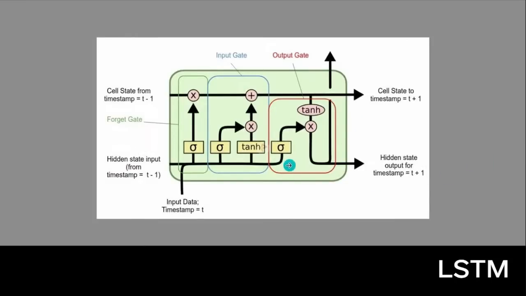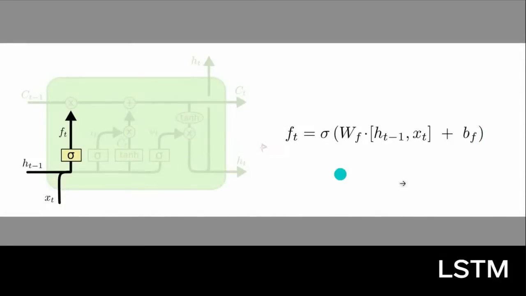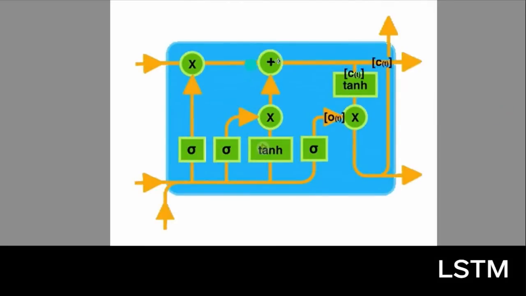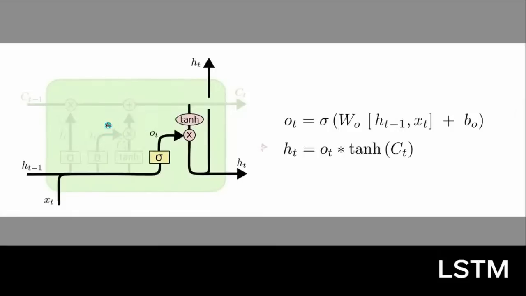So the output gate will perform sigmoid and pointwise multiplication from the result of the sigmoid as well as the tan h result. Both of these things are pointwise multiplied for the current output, and then the final output is also extracted here, and then the cell state from here is also passed, and this will be passed to the next set of layers. So we have to pass the information, right?